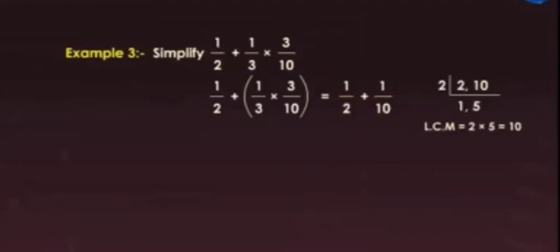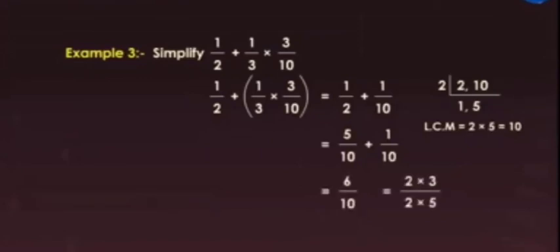Now as usual, convert both fractions into like fractions. So add 1 by 2 as 5 by 10 plus 1 by 10. Now look here, both are like fractions. After adding both of them, you will get 6 by 10.